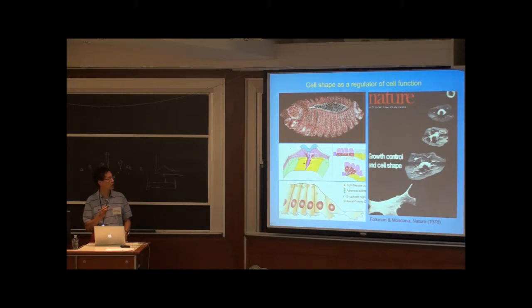There's lots of changes in cell shape as cells are squishing and stretching and moving in order to get to where they want to go, in order to change tissue structure. And we also know from work that was done by Judah Folkman many, many years ago that as cells attach on surfaces, as they change their shape, they change their behavior. So we were interested in this link between shape and behavior.